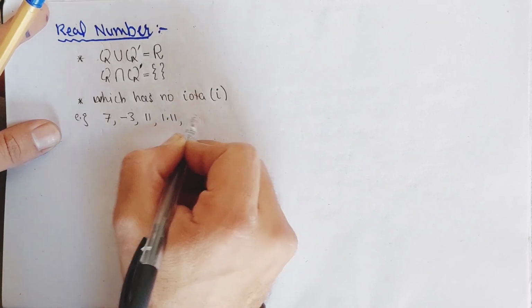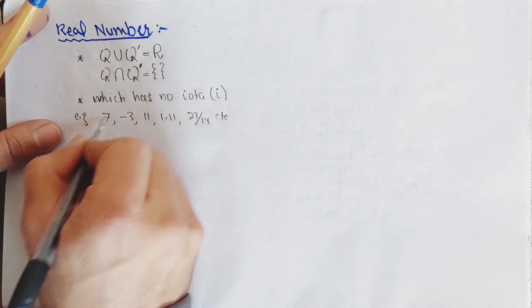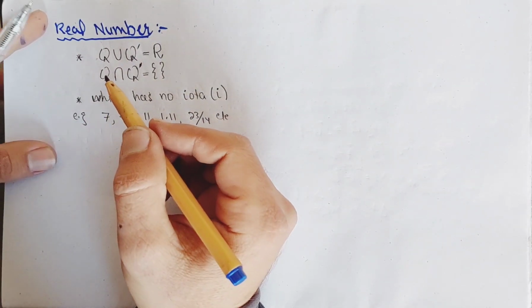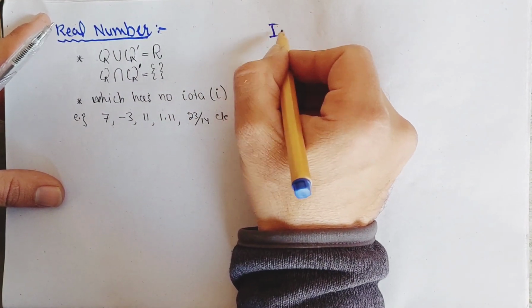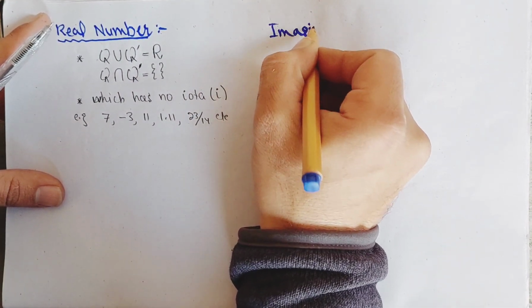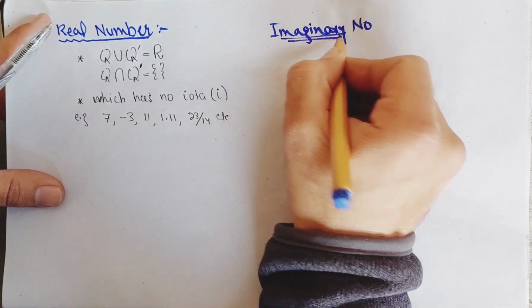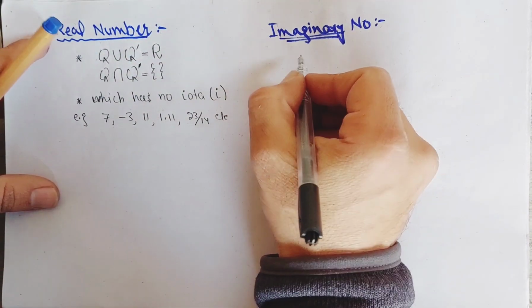If a number contains iota, then this is called an imaginary number. So let's define an imaginary number as well. Those numbers which contain iota, in simple words. जिसके साथ iota हो.